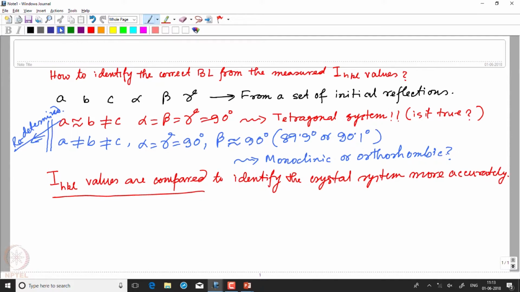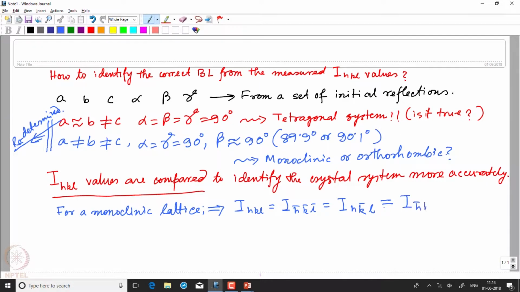Say for example, for a monoclinic lattice, we should have IHKL equal to I H bar K bar L bar, which is Friedel's law, and I H K bar L, which is the mirror operation, and the corresponding Friedel's opposite is I H bar K L bar, which is a twofold operation parallel to B. For I H bar K L, the set of reflections should have the corresponding equivalence with I H bar K bar L bar.